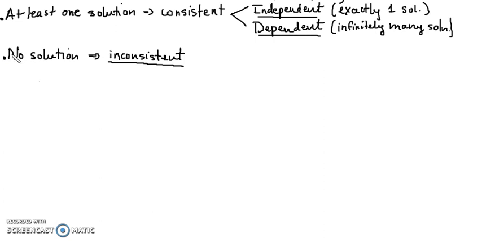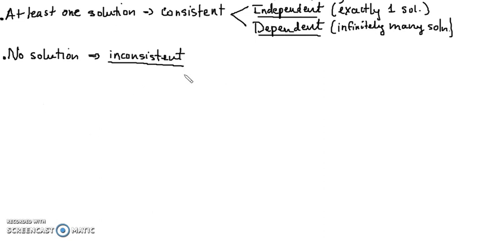The second scenario is if a system has at least one solution, then it would be called consistent. But within the consistent system, we also have 2 other scenarios: either exactly one solution or infinitely many solutions. So, three scenarios. Let's see how they correspond to each other.